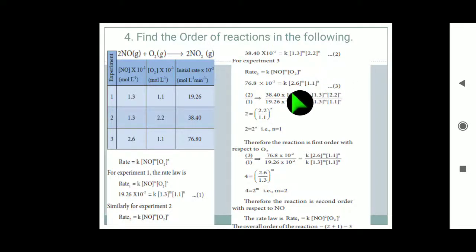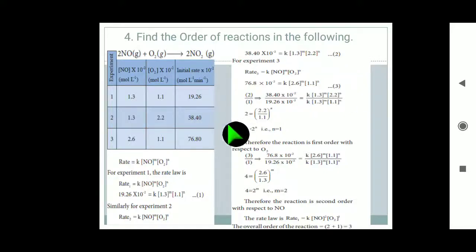In the same manner, the third equation, the third experiment values. Regarding that we have to write the third equation: 76.80 multiplied with 10 to the power minus 2. Here the reactant concentration for nitric oxide is 2.6 and oxygen 1.1.